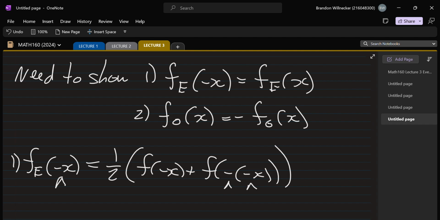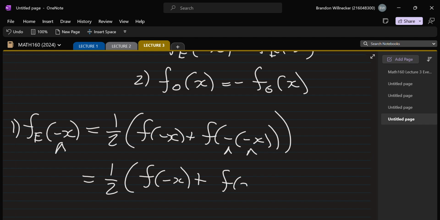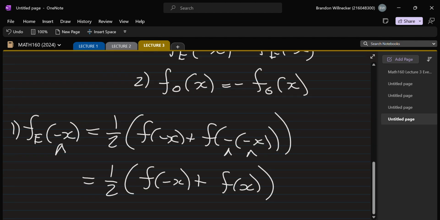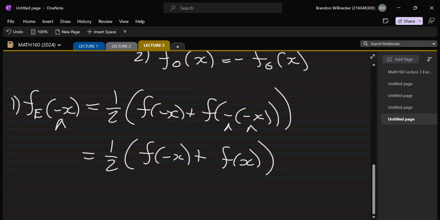Okay. Now a little bit of simplification. This is going to be 1/2 f of minus x plus minus and a minus. They cancel, so that's just f of x. We could stop here, but if we go back to the definition, it's f of x plus f of minus x. Here we've got it the other way around, but that's fine. We can just swap them around.